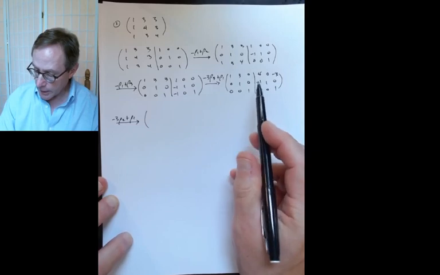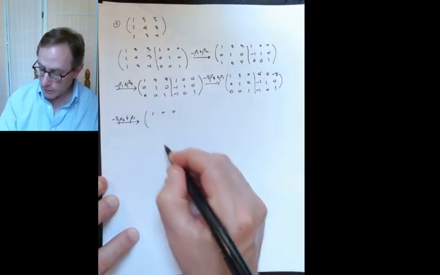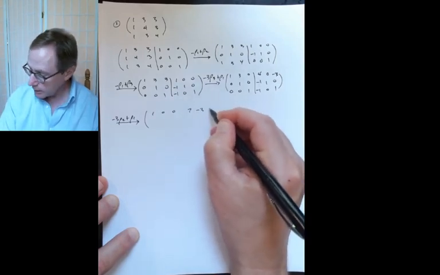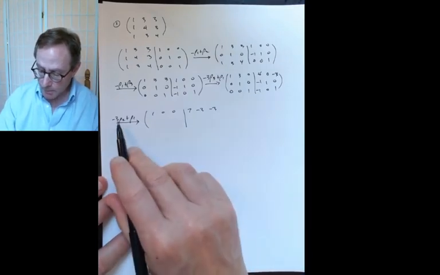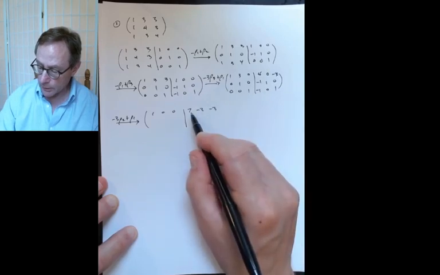I just have to say, let's see, it's 1, 0, 0, and then 7, minus 3, minus 3, because minus 3 row 2 makes this a minus 1. You add to the 4, that explains the 7.